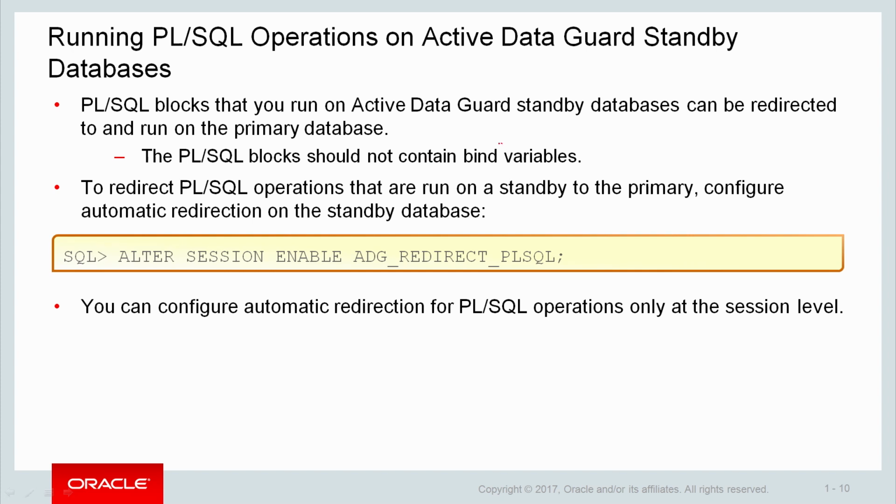They can't contain any bind variables though. To redirect PL/SQL operations that are run on the standby to the primary, this is session level functionality, so it's alter session enable ADG_REDIRECT_PLSQL. It can only be done at the session level. It's not a system initialization parameter.